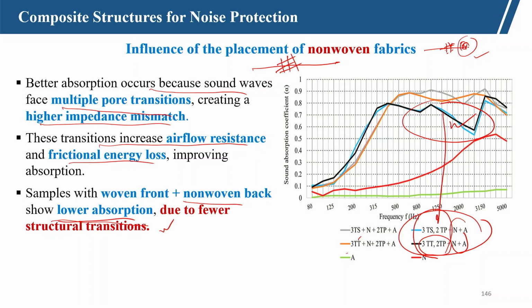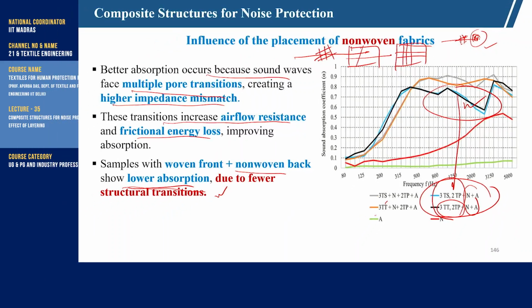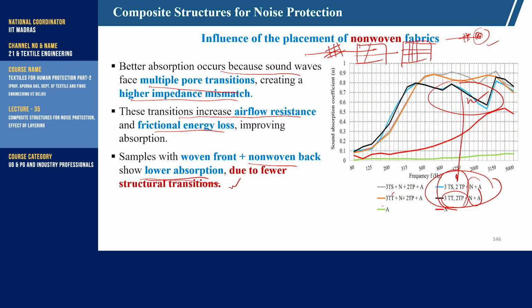But when non-woven comes in between the woven fabric, the woven has particular pores, followed by non-woven which has entirely different types of pore structure, and after coming out from non-woven, when it enters woven again, there will be different types of pore structure. So, various structural transitions will be there, which is absent when we are placing non-woven at one side.